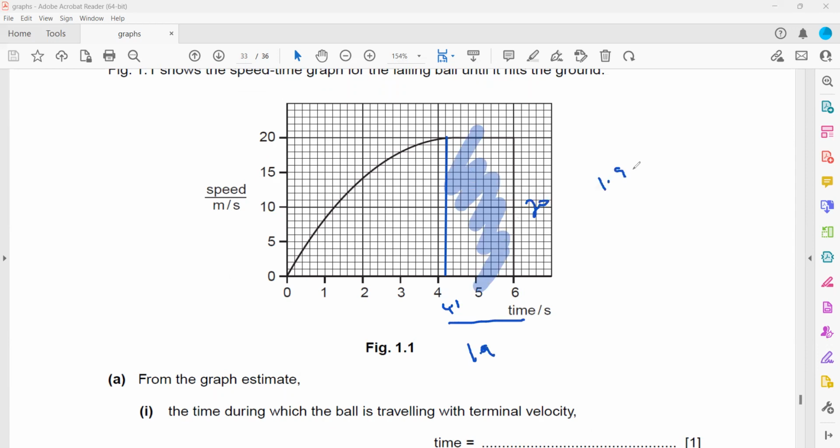So 1.9 multiplied by 20, which is equal to 38. And the unit is meters, because the speed is in meters per second.